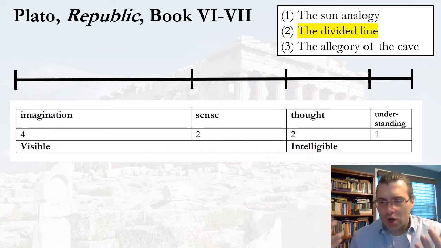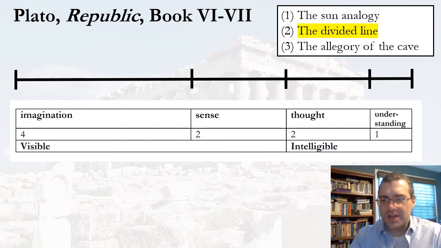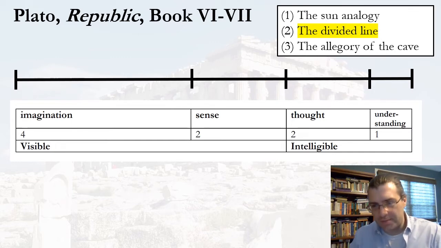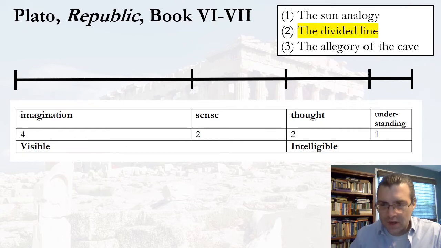So what are we talking about in each of these portions of the line? Socrates gives some examples. In the imagination portion, Socrates says we have images in pools of water, and mirages and dreams.